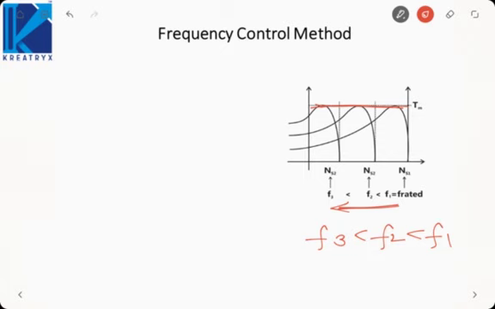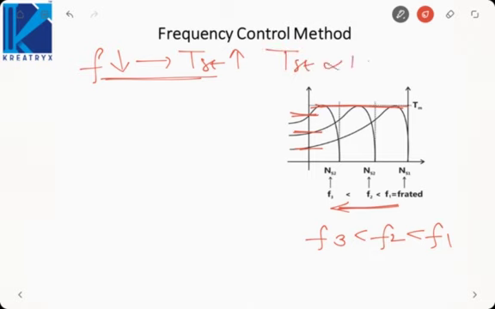For F3, the frequency is the minimum but the starting torque in case 3 is the highest, higher than case 2 and case 1, because as frequency reduces, starting torque increases. Starting torque is inversely proportional to frequency. That is how the torque-slip characteristics would look as we change the frequency in the case of an induction motor.